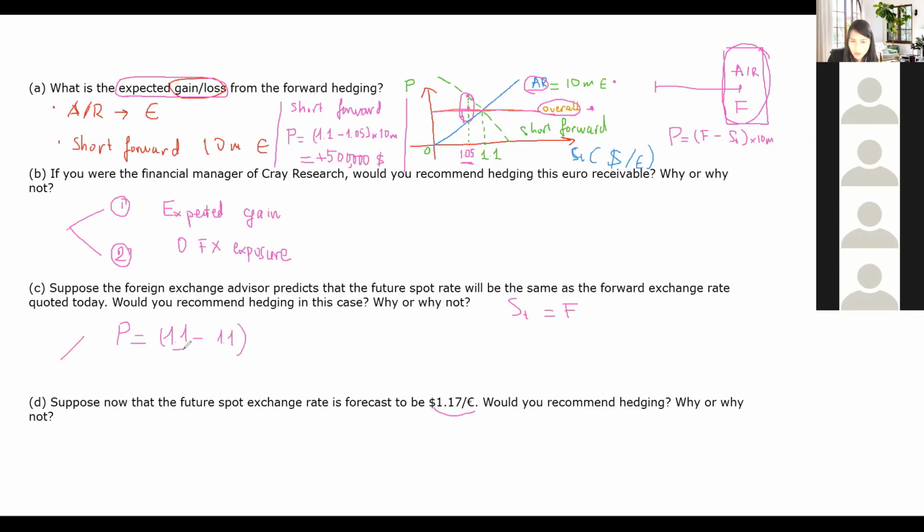Because my forward exchange rate is the same as the expected spot rate. So in this case, the expected financial gain from hedging is 0. However, something else I have to consider is the risk.